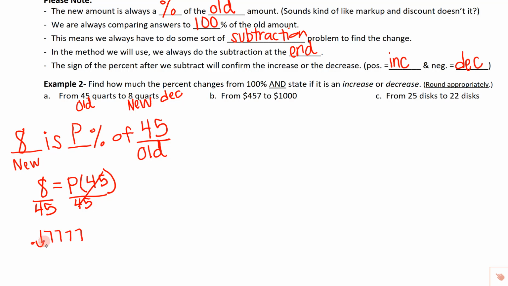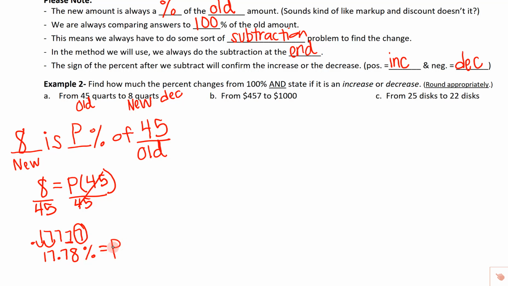So I'm going to move it 2 places. Since I'm rounding to this one, the 7 makes it round up, so it's going to be 17.78%. I need to move my decimal 2 spots in order to get my percent.